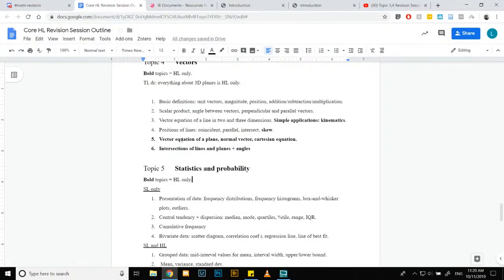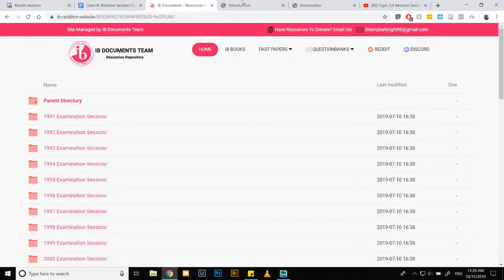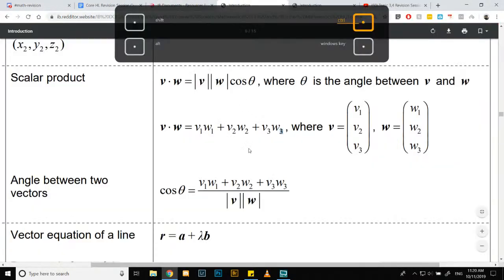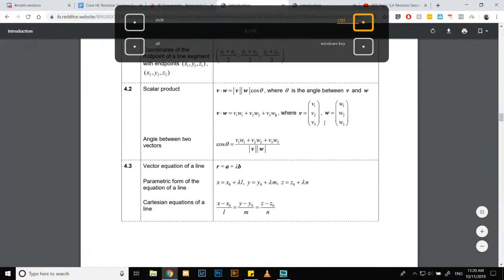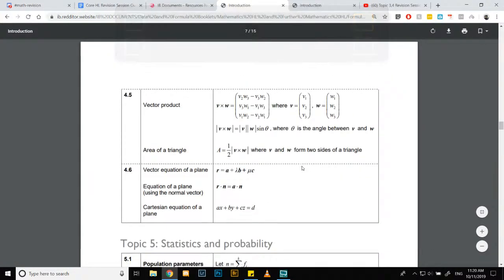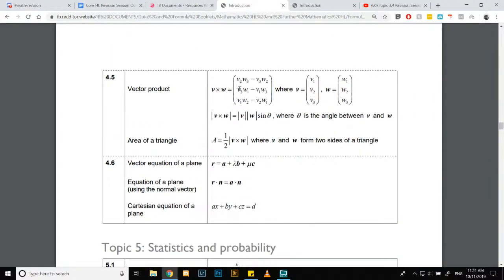Okay, the next little thing is parallel vectors. Similar thing: if you have the cross product over here, and the cross product is equal to 0, it means that the two vectors that you have are parallel to each other.